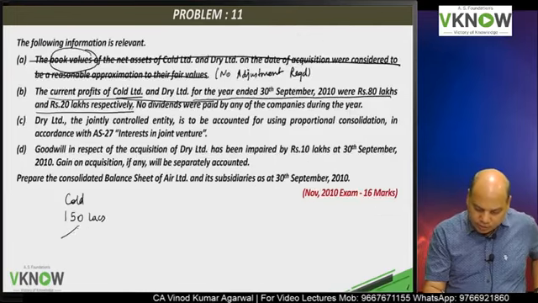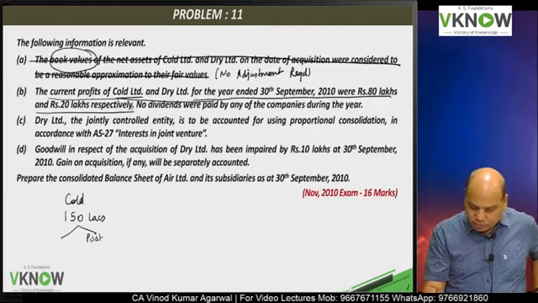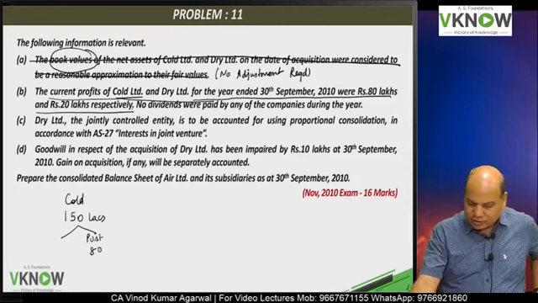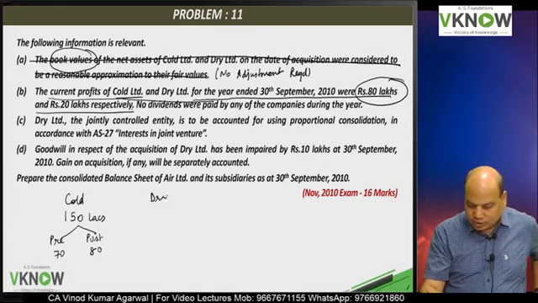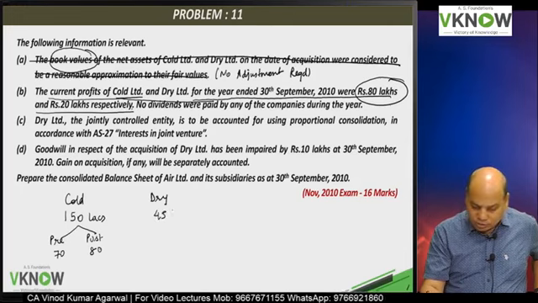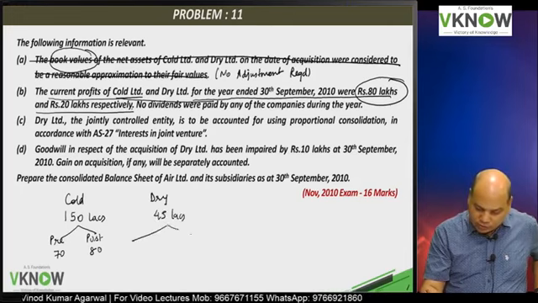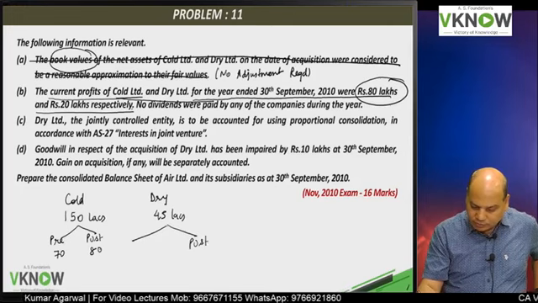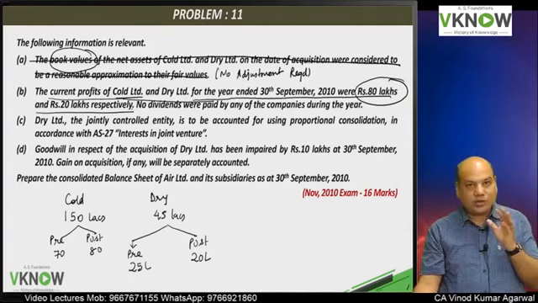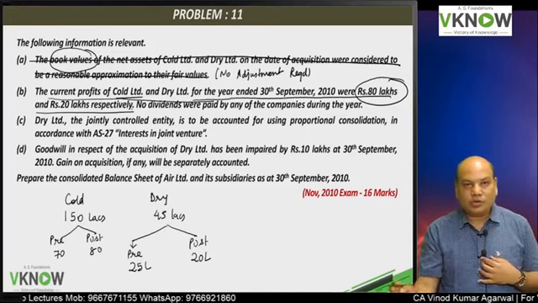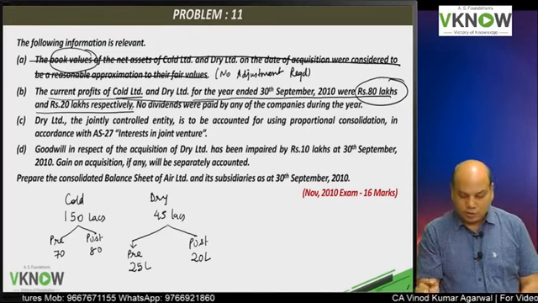Out of 150, post acquisition is 80 lakh, current year. So pre acquisition would be 70 lakh. In case of Dry, the total profit in the balance sheet is 45 lakh, post acquisition is 20 lakh, so pre acquisition would be 25 lakh. If you can understand this much, then my answer is over, because there is no other adjustment in the problem.